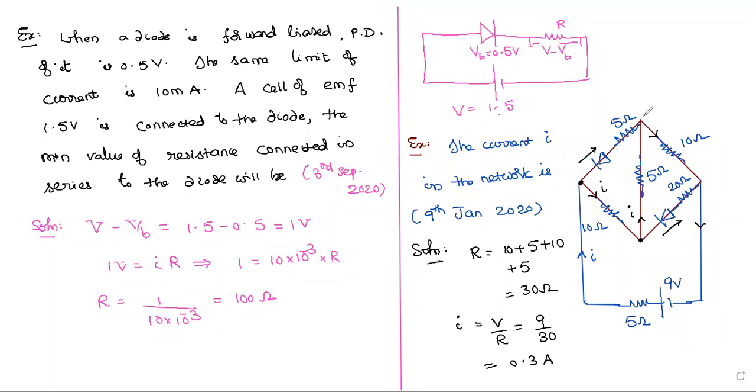Again, current won't split like this at this junction. Why? Because it has to come back to the positive terminal, and current won't come to the positive terminal. It goes to the lower potential, the negative terminal. That's why at this junction, again, don't ask whether currents may split like this and like that. That won't split. Straight away it goes towards the negative terminal. That's why here there is no splitting at this junction.